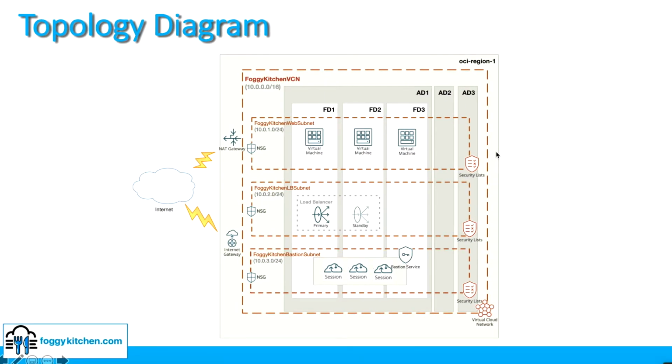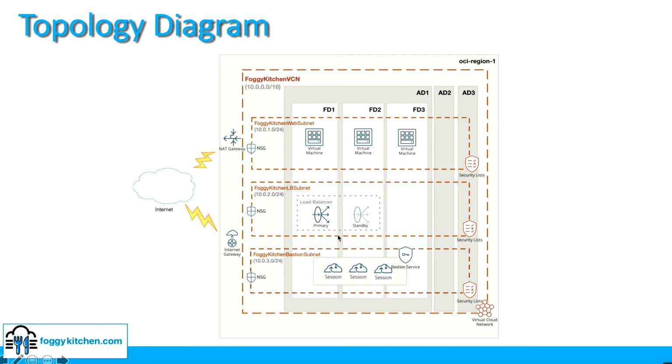Let's talk a little bit about the topology diagram. As you can see here, we have an OCI region with 3 availability domains. Inside one of the availability domains, AD1, we have 3 fault domains, and we also have 3 subnets. So a web subnet with virtual machines, so compute instances with web servers.